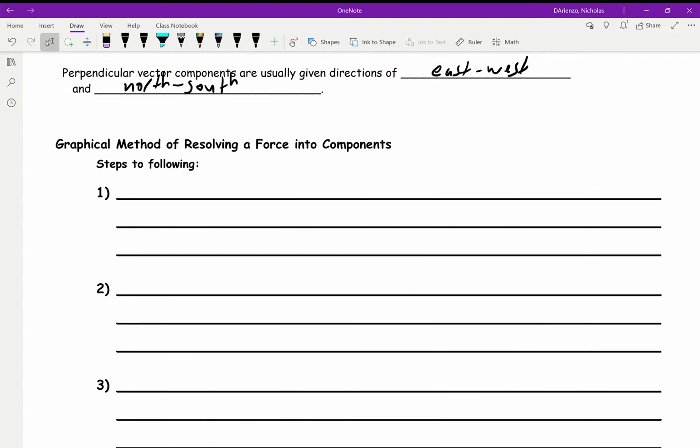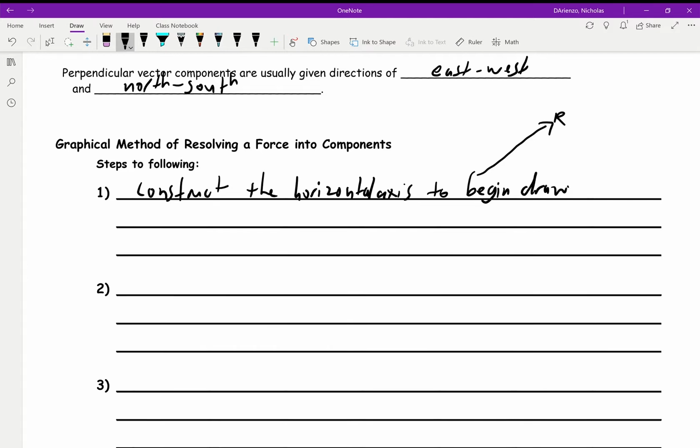So to do this, let's say we consider vector R, resultant R. First thing we wanted to do, if we wanted to resolve this vector into its component parts, we'd want to construct the horizontal axes to begin drawing the resultant vector.